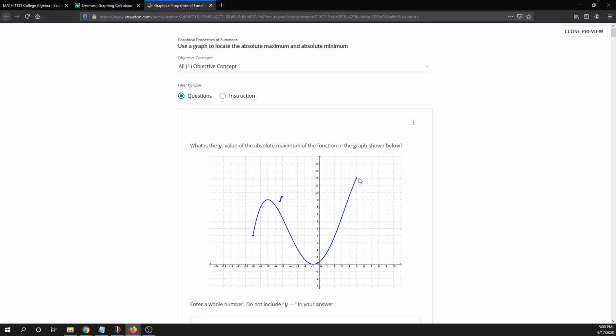They'll either ask for the point, in which case they want both numbers, or usually when they mention the word value, they want the absolute maximum value or the absolute minimum value, meaning the y coordinate, and that sometimes is confusing. But here you can see they specifically say, what is the y value of the absolute maximum? All right, so that is it for this video.